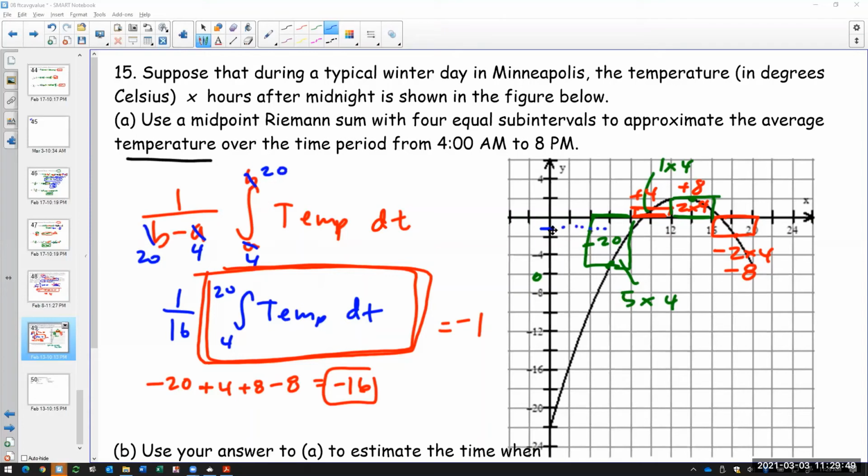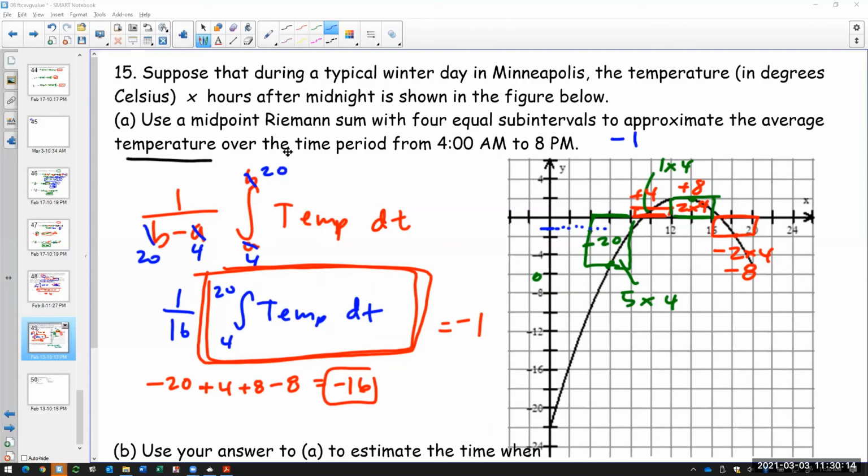So then what we do is we look at negative 1, because letter B says, well, the answer to letter A is negative 1. And whatever your Y value unit is, that's what the average value is. Okay, so if your Y is degrees, then this is degrees. I don't know what Y is. It doesn't really tell me, does it? It says temperature.